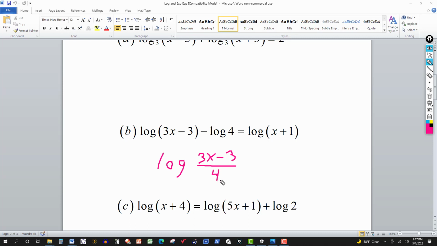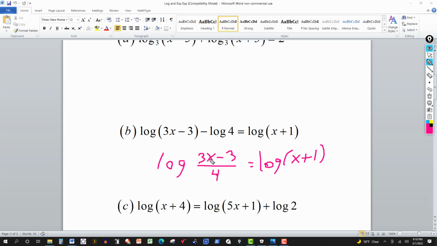I said the easiest way to solve a log equation is to write it as a single log, or it also works if you have a single log on each side. So because I had the difference of two logs, I can write this as the log of this fraction. And notice it doesn't have a base, so it's understood to be base 10.